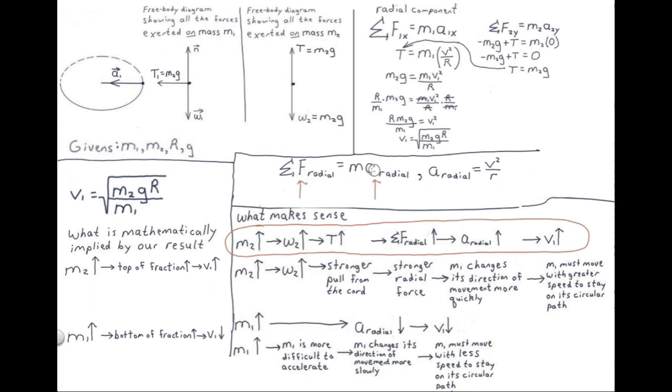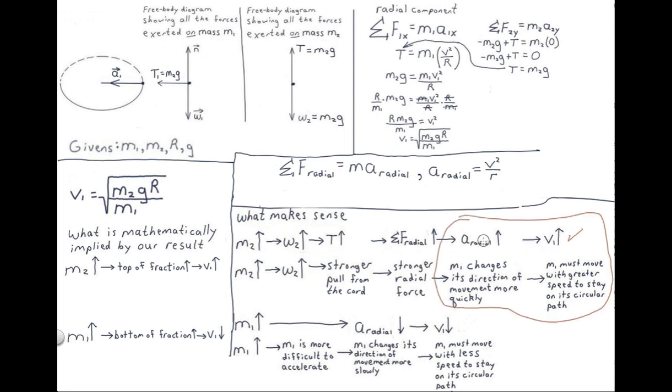According to Newton's second law, a greater radial force creates a greater radial acceleration. And according to this formula, a greater radial acceleration, holding the radius constant, means that the object must move with greater speed. So yes, it does make sense that increasing m2 will increase v1, just as our result mathematically implies.